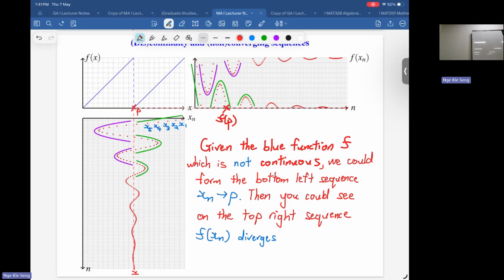So from here you don't see any limit, because they are not converging. It's diverging. And so this is a discontinuous example.